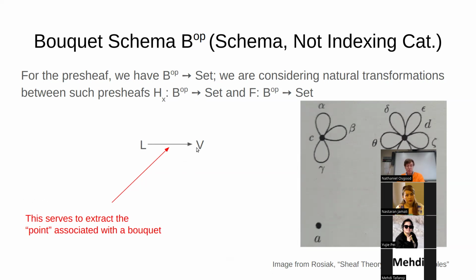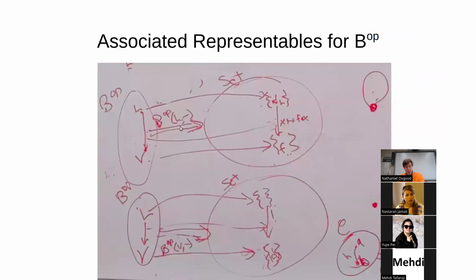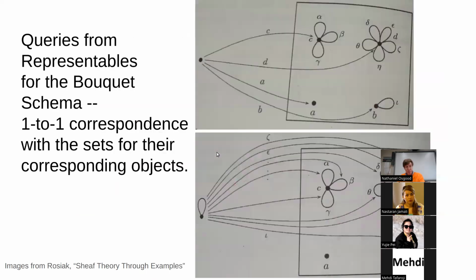And we identified what it was last time. Remember, the representable for this one included one of these and one of these. The representable for V just included one of these. So this is the representable for V. This is the representable for L. And this is where we derived it last time.